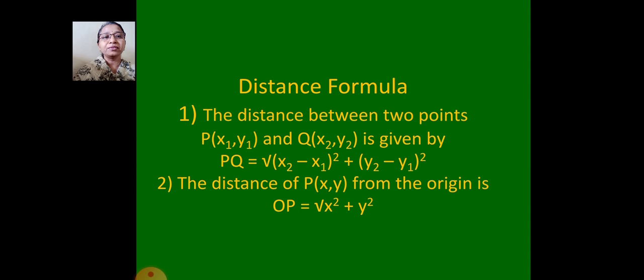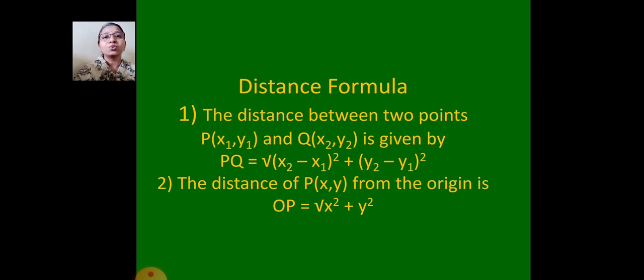Now the second special case, second formula: if one point is the origin and the other point is any point on the plane, say P whose coordinates are x, y, then the distance of that point P from the origin is given by the formula OP.